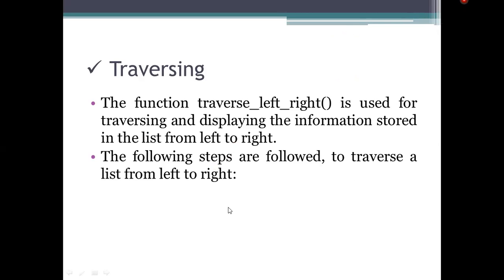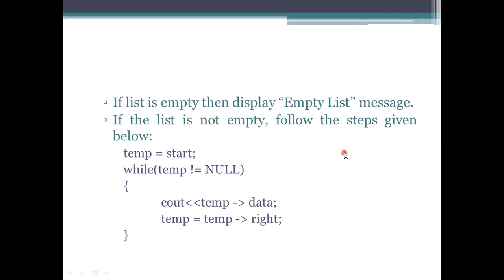So the traversal runs from left to right. If elements are there, check each and every one. If not, specify that the list chosen for traversing is an empty one.